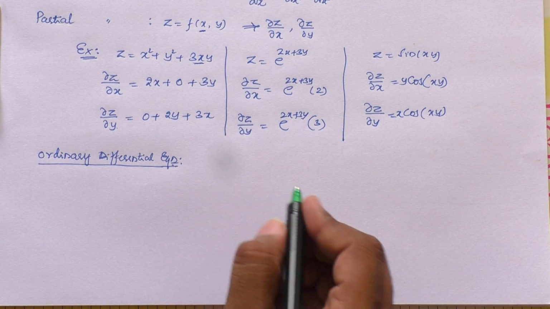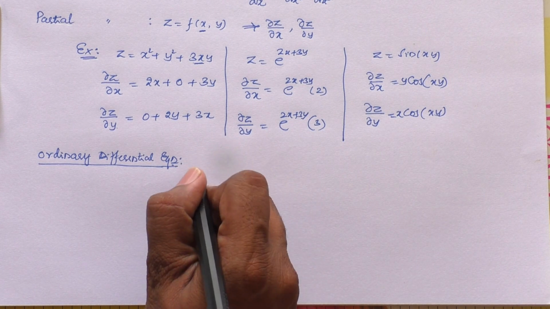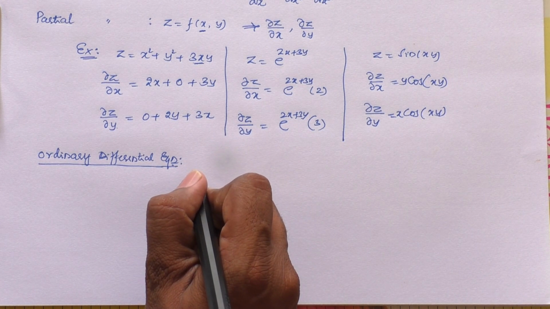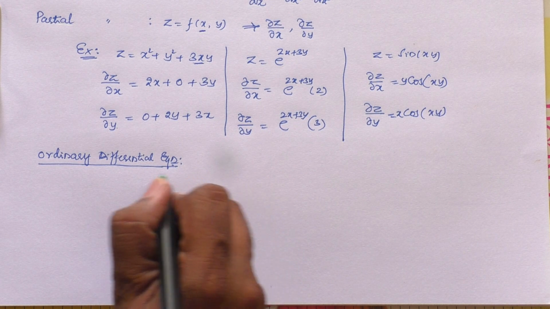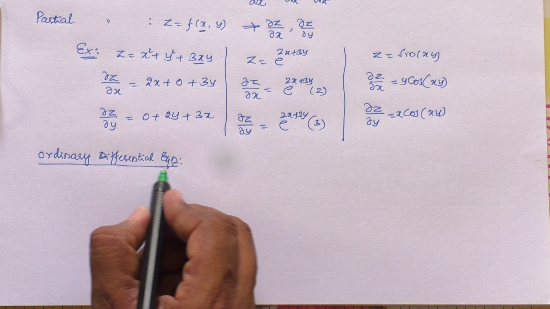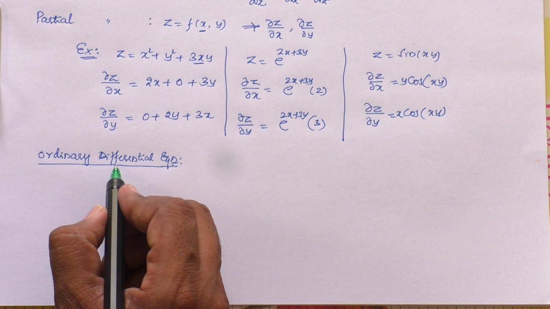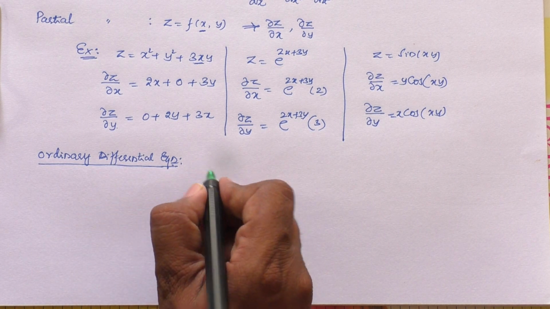Already we know ordinary derivatives, that is dy by dx, d square y by dx square, d cube y by dx cube are called ordinary derivatives. So what do you mean by ordinary differential equation? It means the differential equation which contains ordinary derivatives is called an ordinary differential equation.